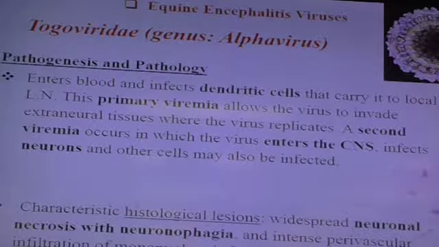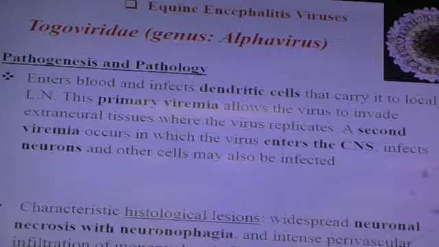Okay, when it comes to the pathogenesis, basically the virus enters the blood circulation following a mosquito bite. It infects the dendritic cell. The dendritic cells take it to the lymph nodes, and then the virus in the lymph node replicates, causing primary viremia.